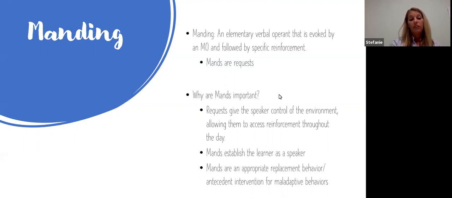For example, instead of tantruming, we're going to ask to go, or stop, or take a break. We're going to be able to have more control of our environment and get things that we want using our words instead of having to emit our challenging behavior.